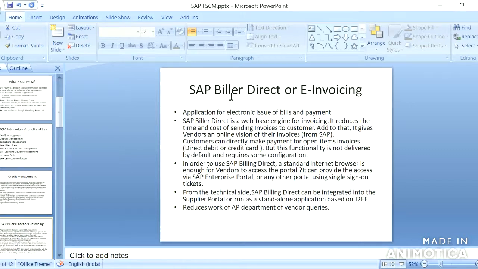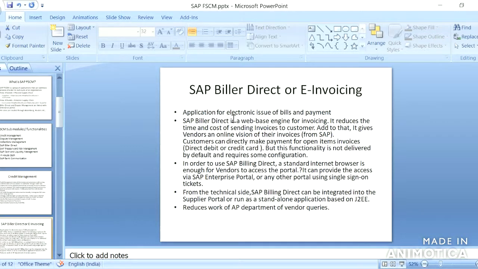With Biller Direct, in this application, it helps in issuing electronic bills, meaning it can provide e-invoices. Customers can see their invoices directly through SAP, and they can even make payments through the system with a credit card or with direct debit.